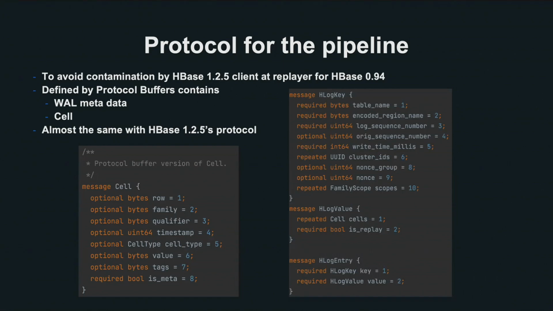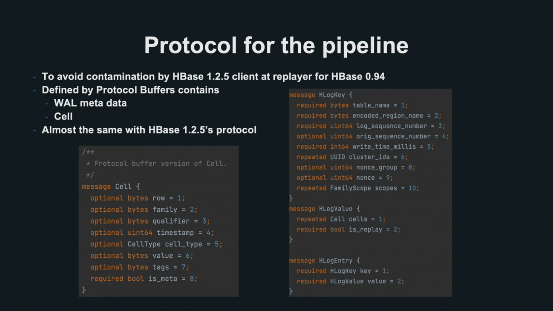From here, I would like to talk about the building blocks of the data pipeline that we built. First is a protocol used to send data to Kafka. It is defined uniquely using protocol buffer so that the replayer for HBase 0.94 does not rely on the 1.2.5 client.